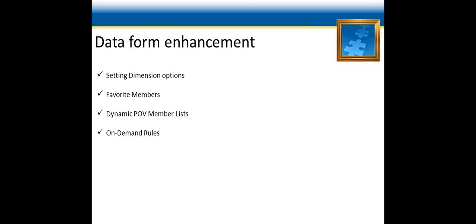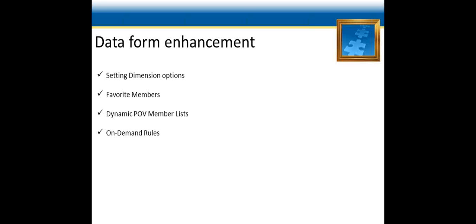When you define a data form, you can specify whether to show or hide dimensions in the POV, or you can specify the order in which POV dimensions are displayed. The members available for the selectable POV list are now available for selection as favorite members in the POV bar.